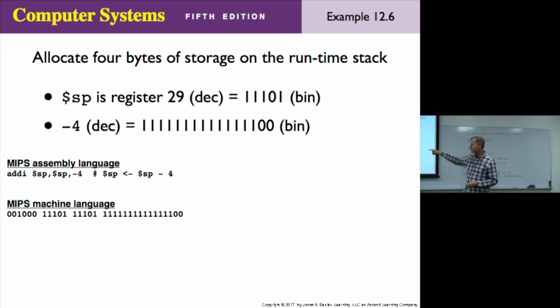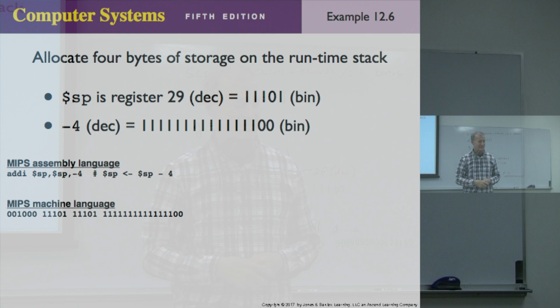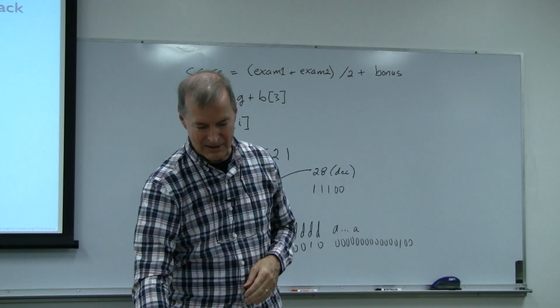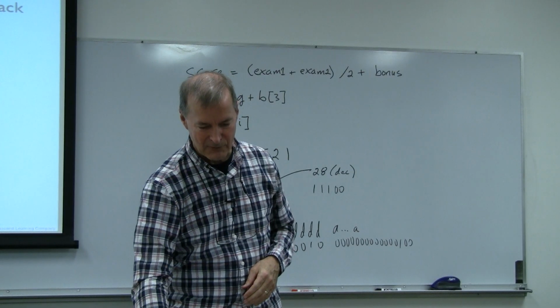So you're adding what's in the stack pointer to -4, and you're putting the result back into the stack pointer. Do you see? So it's just an add immediate. There's no special stack instruction because you can add immediate to any one of those registers. Well, except for the 0 register, that's read-only. Is everybody clear on how that works? So there's allocating 4 bytes of storage on the runtime stack.